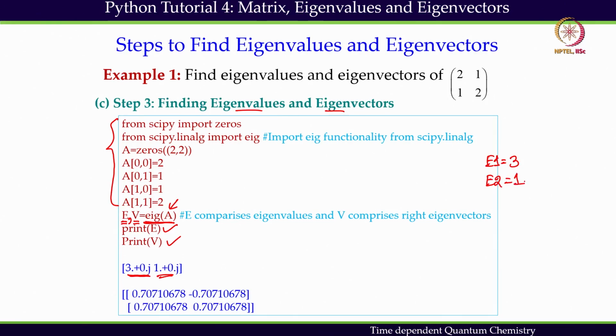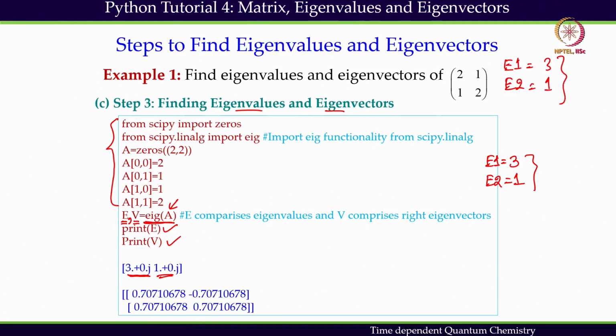So these are the two eigenvalues we get, and this is exactly what we have found analytically. When we did the analytical solution, we found that this matrix has two different eigenvalues, one is 3 and another one was 1, and we discussed these things in module 4 of this course already.